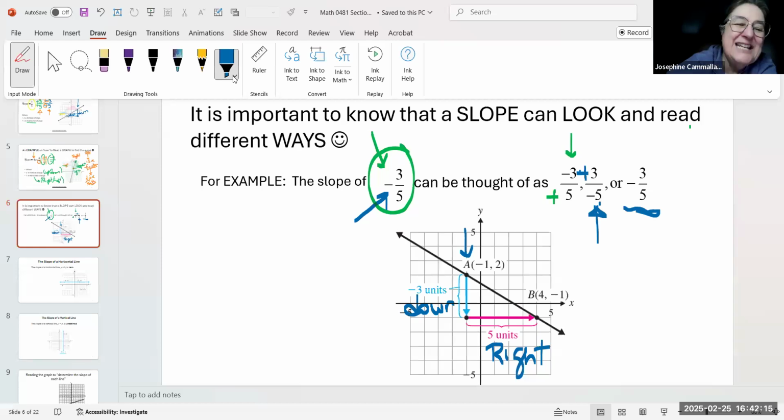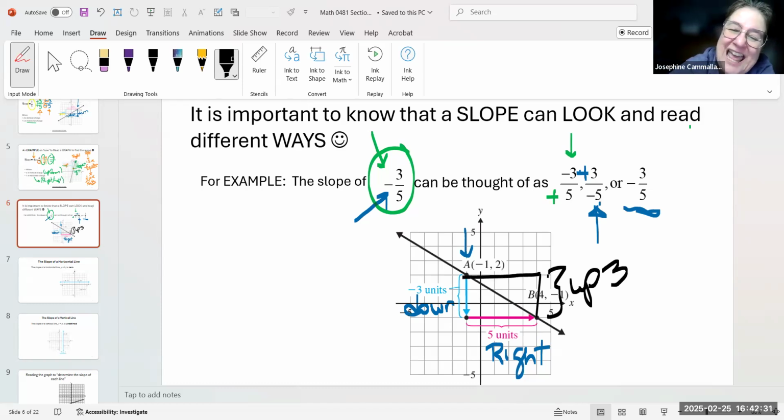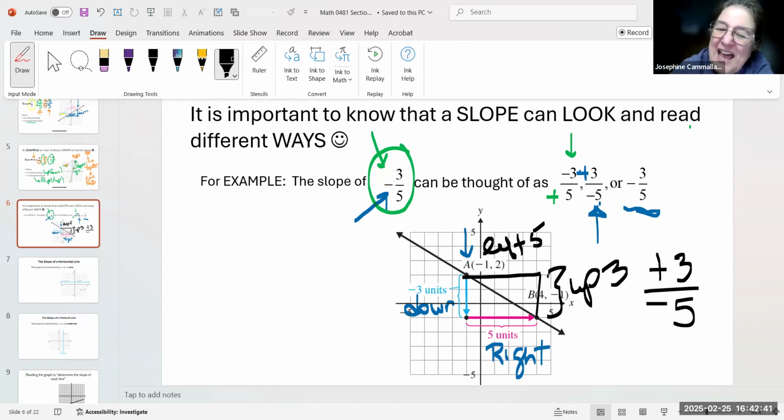But remember, I can do the very opposite. I can start with B. But that means I'm going up 3, left 5. Up 3, left 5 is that fraction.